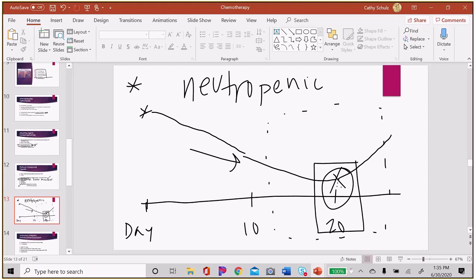To counteract that, and that will be the last group of slides, what the person can do or could be prescribed is a growth factor. You could get a medication before the lowest point, which is what we'll talk about with the growth factors, like filgrastim, which is Neupogen, to try to build up the counts so that the patient never reaches the nadir.